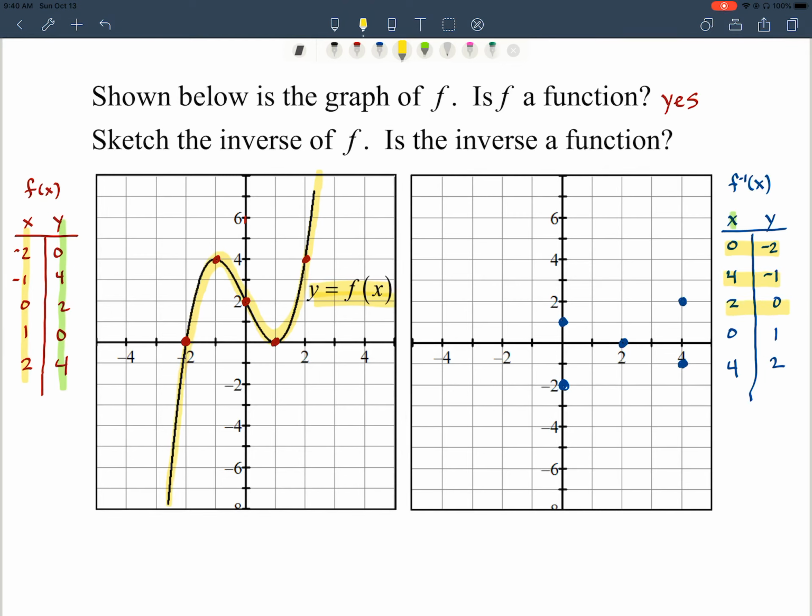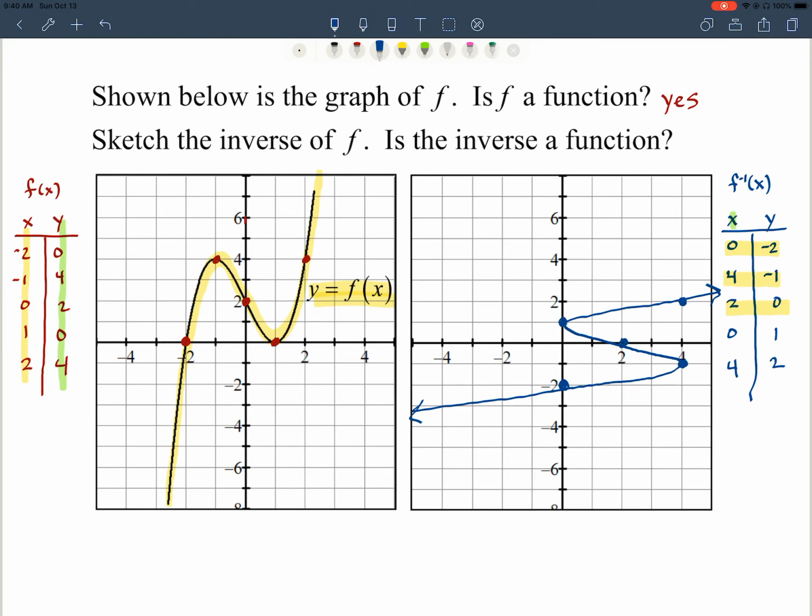We'll connect that to 2, 0. So it should start here, and we're going here, we're hitting this one, and then we're going to hit that 2, 0 on our way to 0, 1, and then on our way to 4, 2. Let me fix that. There we go, and it goes through there. And then we can extend this back through there.